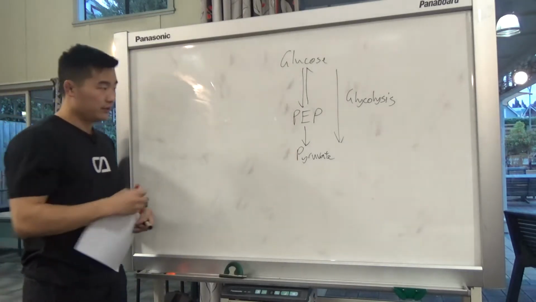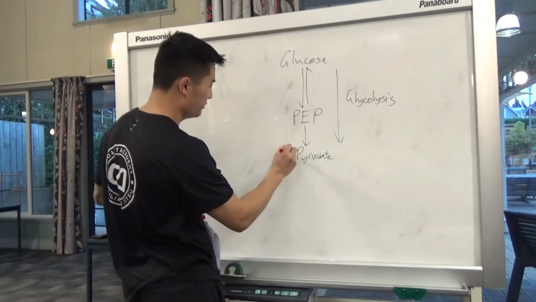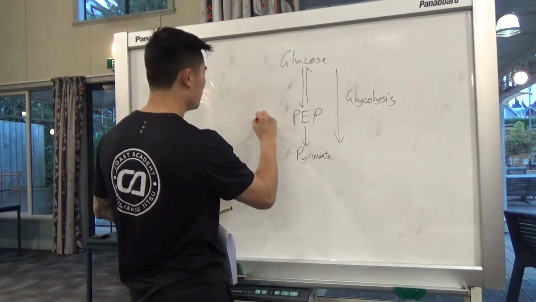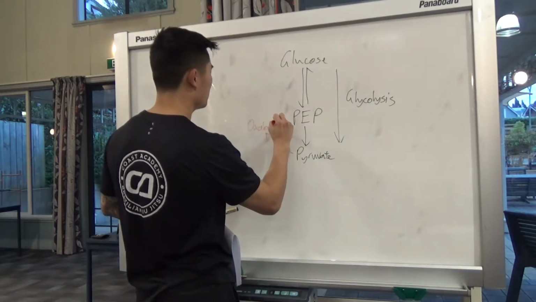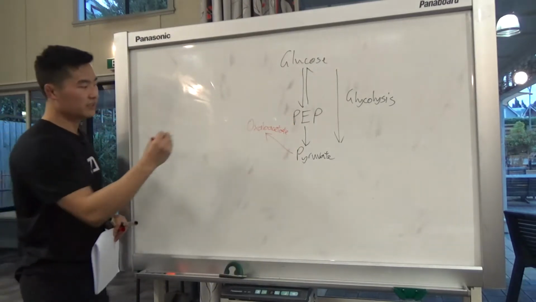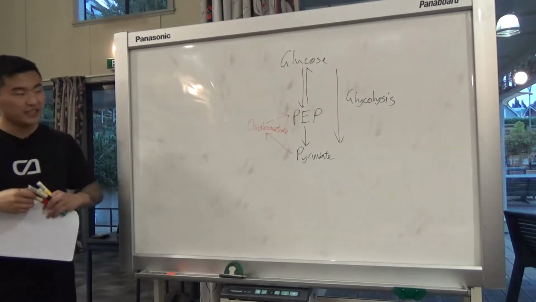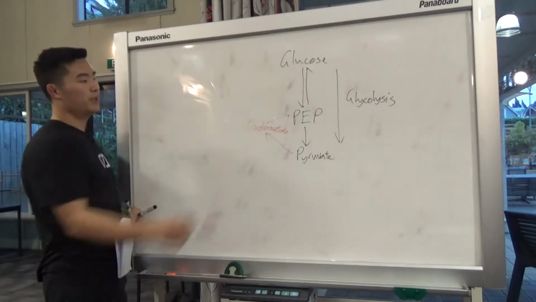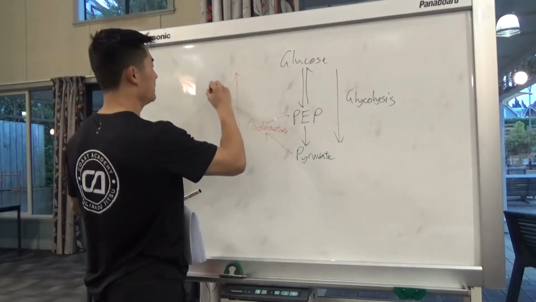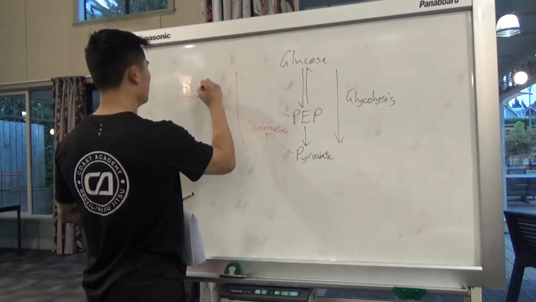So this step here is irreversible, so we need to turn pyruvate into oxaloacetate, and then that can turn into phosphoenol pyruvate and go back to glucose. So if we go back up this way, that's called gluconeogenesis.